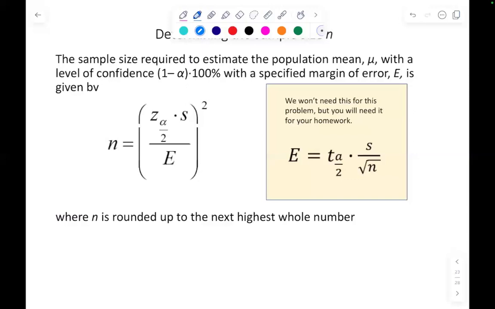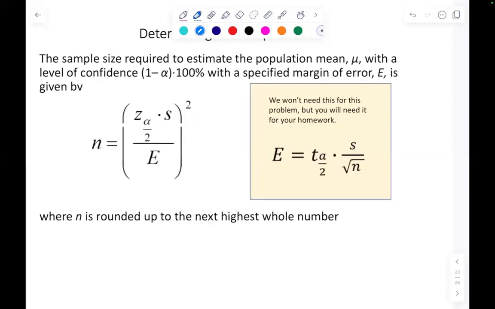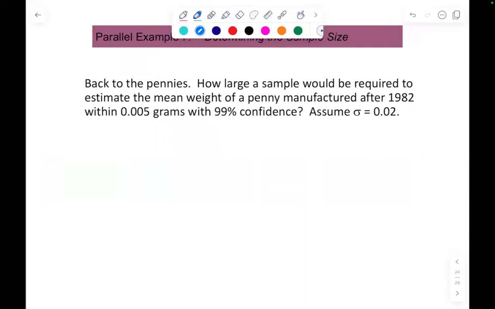It makes sense. So you just take the z times the standard deviation, divide by your margin of error, and then square everything. Same with our proportions, round up to the next highest whole number. So we're going to do some examples here. Back to pennies.